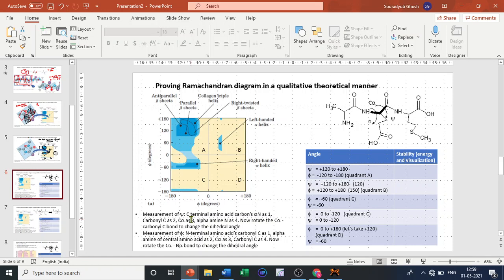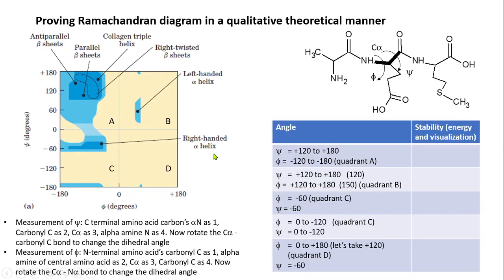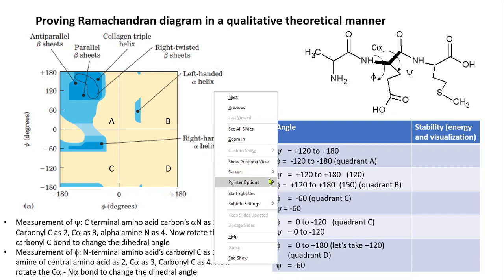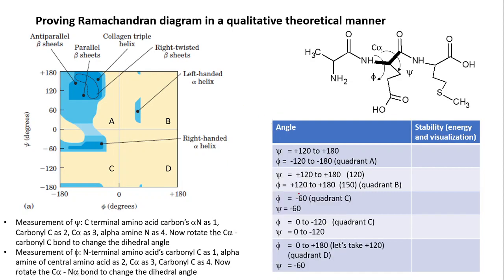Okay, so to do this, we need to do some labeling. How do you measure the dihedral angle in Avogadro if you want to do this yourself? If you want to measure the psi, you have to take the C-terminal amino acid's alpha carbon nitrogen as 1. That is this one as 1.